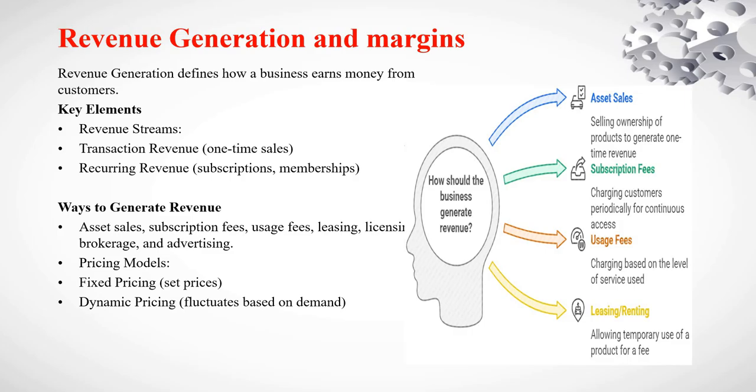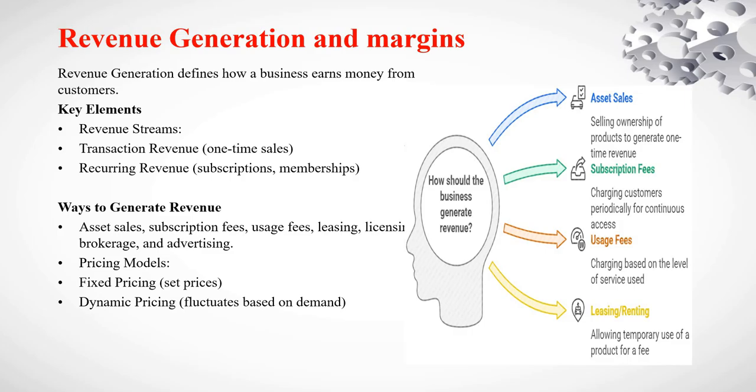Then you have leasing, or the renting, where you allow the temporary use of a product for a fee, that is the rental cars or the spaces. Then you have licensing, that is charging for the right to use intellectual property. Then you have brokerage fees, earning commissions for connecting buyers and sellers. And then you have advertising, where you generate revenue by displaying ads, like on YouTube and the Google Ads.